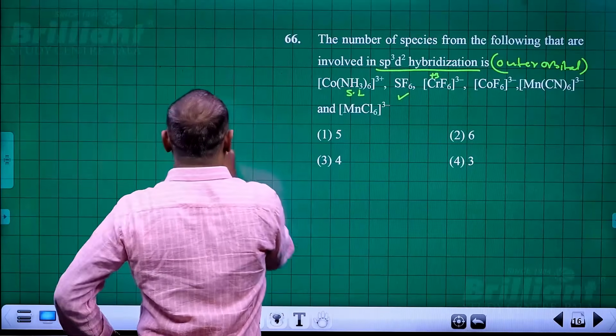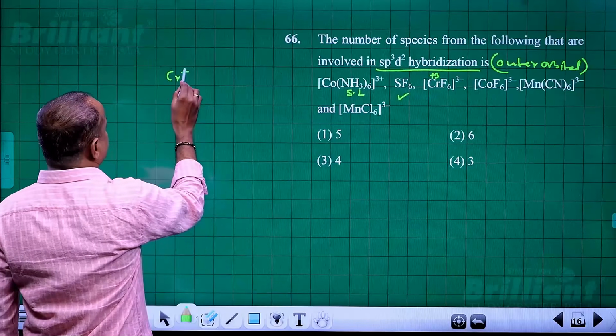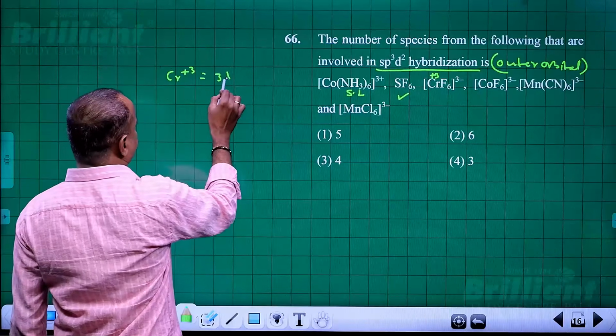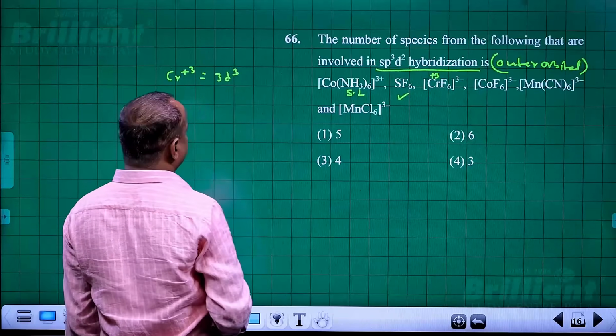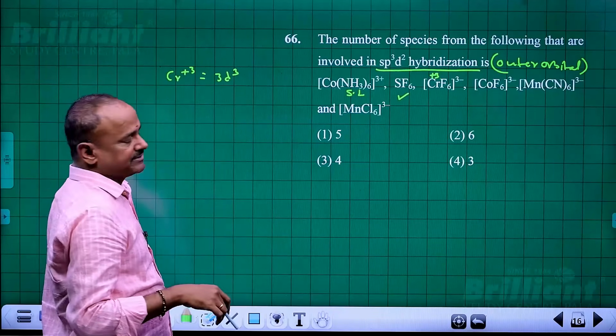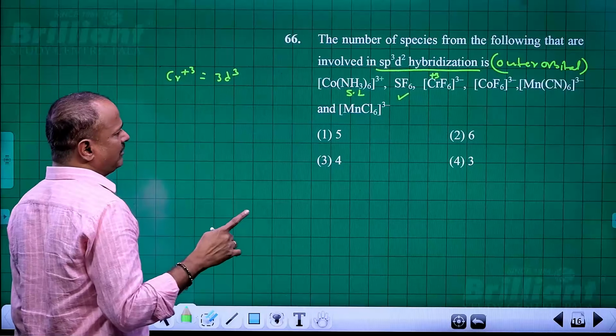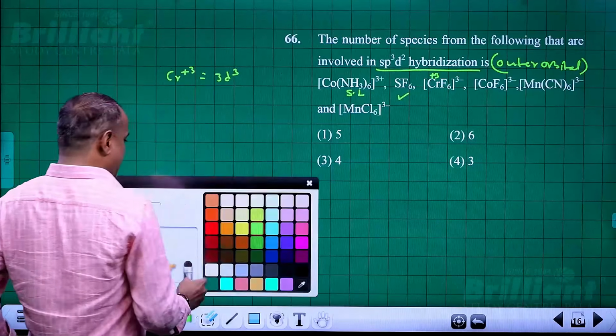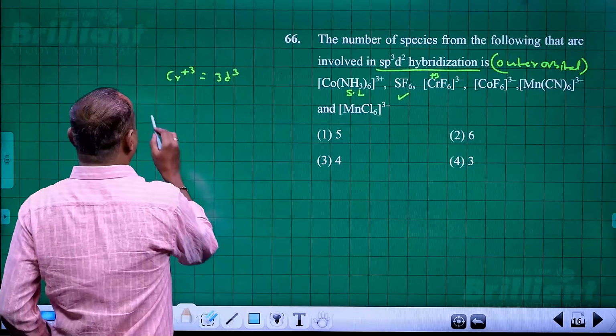The plus 3 state of chromium is Cr3 plus, 3d3, because of removal of 3 electrons: 4s1, 3d5, loss of 3 gives 3d3. But up to d3 there is no effect of ligands.